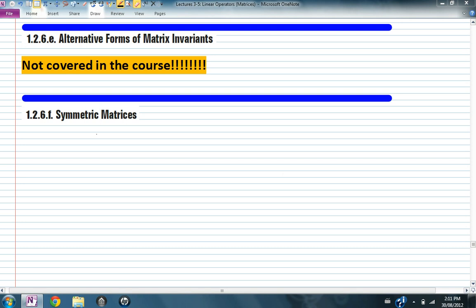So, if I have a matrix S, let's say that's 3 by 3. If Sij is equal to Sji, then S is symmetric.